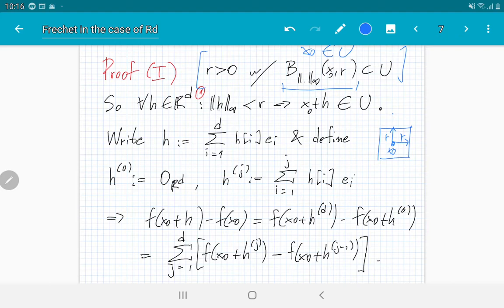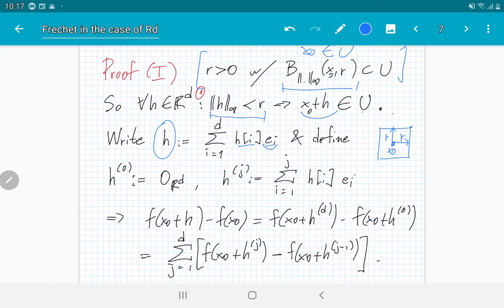What that means is that if I take a vector h with infinity norm less than r, I know that x0 plus h belongs to U. Take such an h. As any other vector, we can write it in terms of the canonical basis vectors. If I take the sum of the ith coordinate of h times the ith canonical basis vector, I get h.